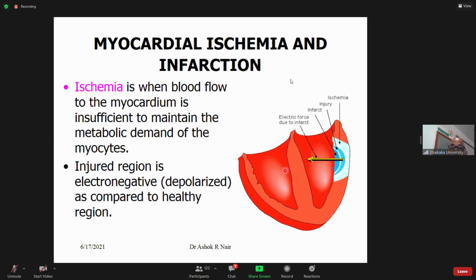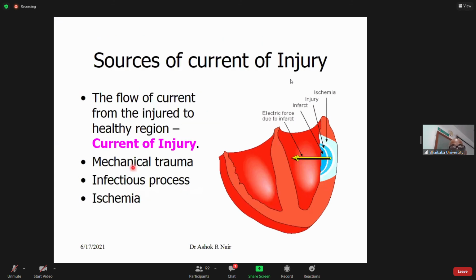This electrical vector due to the injured region is what we call the current of injury. The flow of current from the injured region to the healthy region is the current of injury. Now, why is it important to understand this?